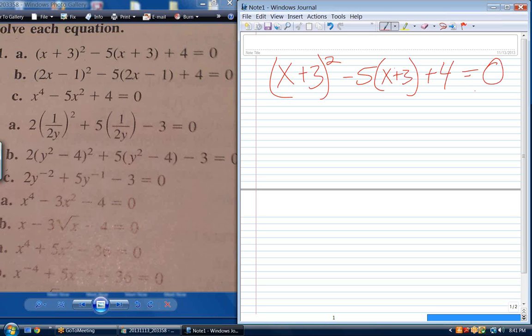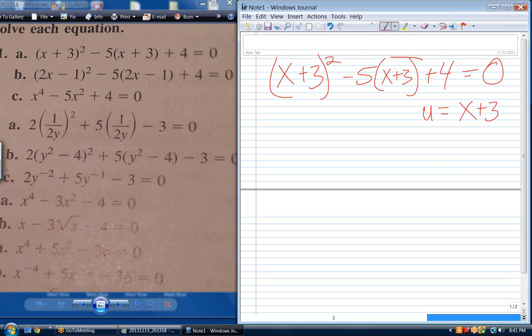This is what I call a quadratic in disguise. We can really solve it by factoring without multiplying everything out, because all we have to do is substitute. Use any letter you like. I like to use U. Do you use Z? Okay.